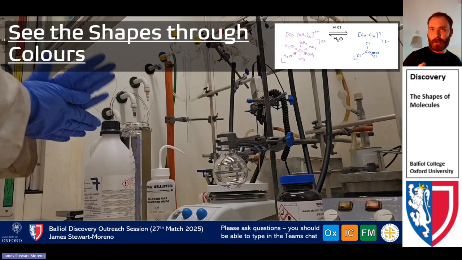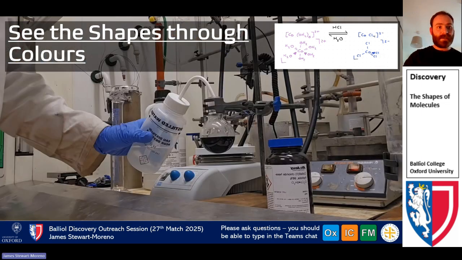And it's that change in geometry from going from having an octahedral setup with 6 waters around it to being a tetrahedral setup with 4 chlorines around it, that's what gives you the really big color change. And because it's in equilibrium, by adding in water, you can actually push it back the other way.